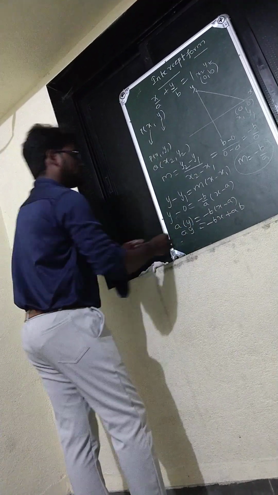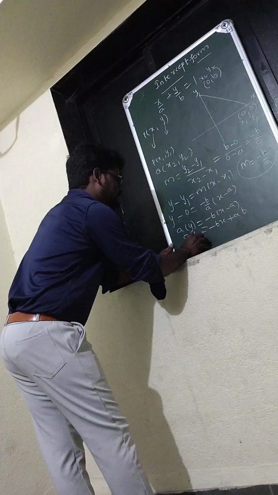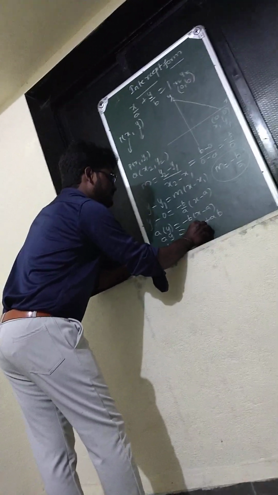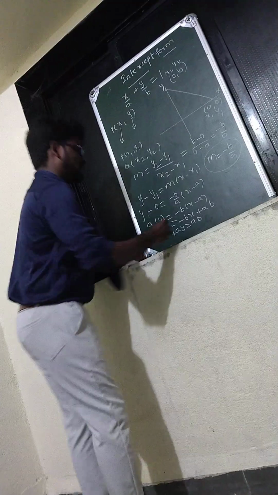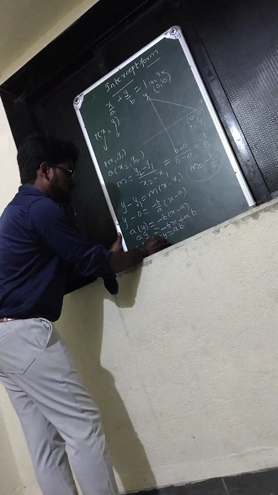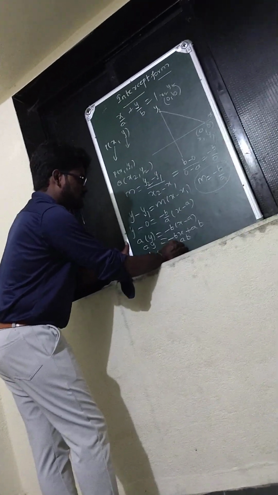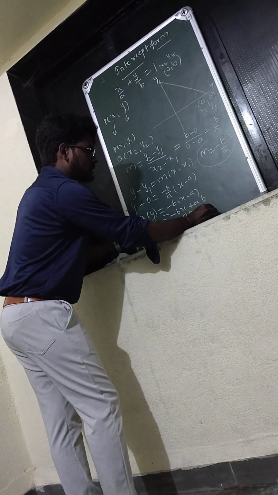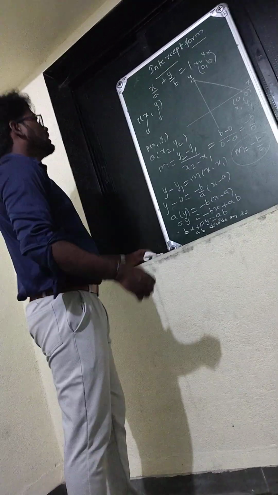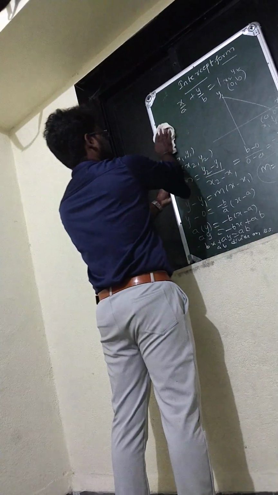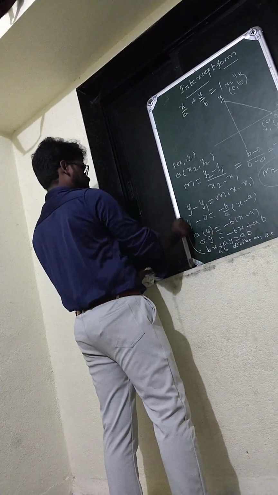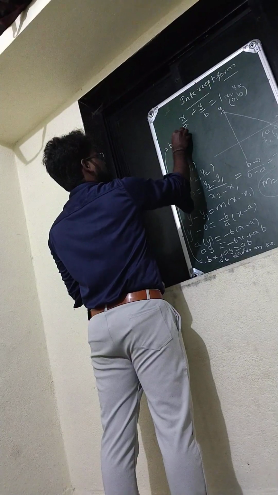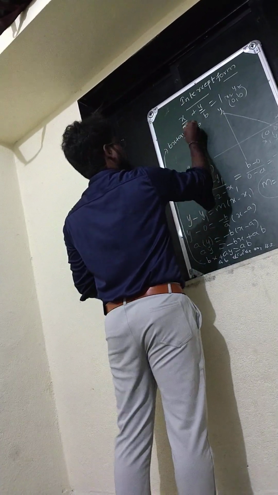So bx plus ay equals ab. Divide ab on both sides.